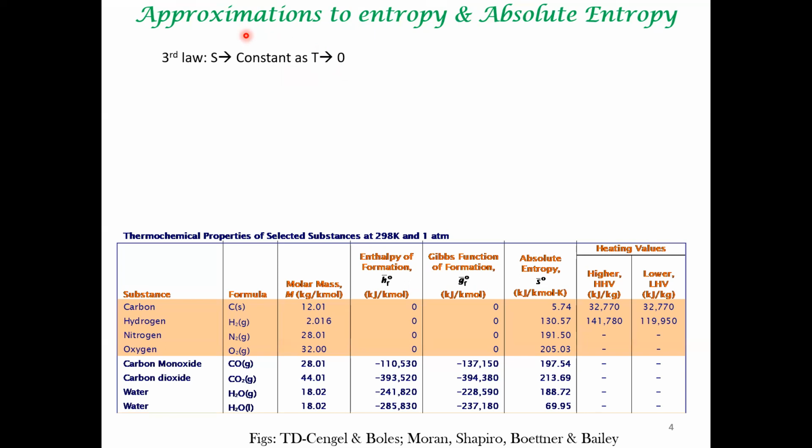If the degeneracy is 1, then entropy goes to 0 as temperature goes to 0. So in the context of engineering thermodynamics, we assign a value of 0 to this constant and say that at T equal to 0, every pure component has an entropy of 0.